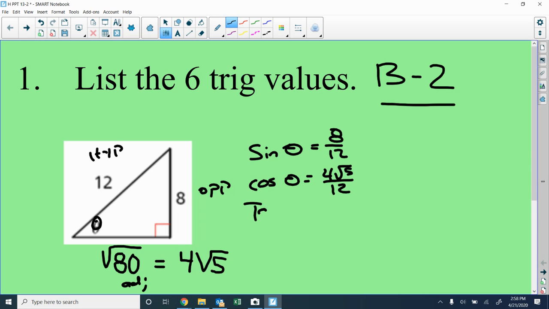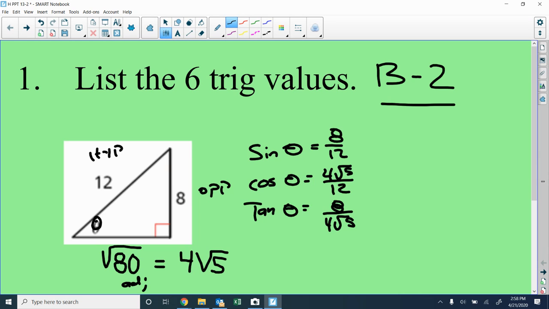And our tangent is opposite over adjacent, which would be 8 is our opposite, our adjacent, 4 square roots of 5.